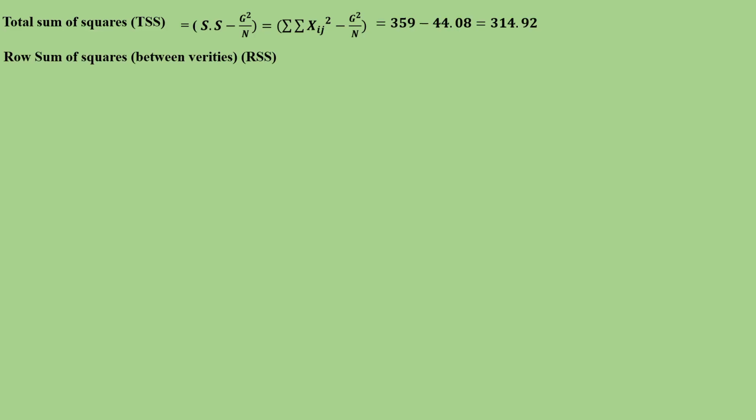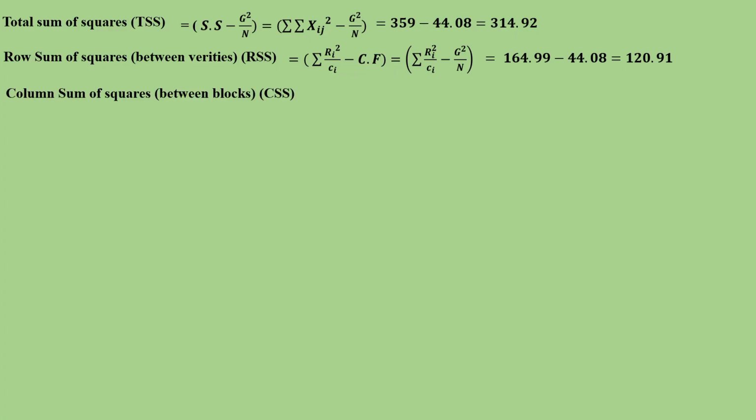So you take the details from the previous table. Row sum of squares, between the operators, RSS: sigma Ri square by Ci minus CF, 164.99 minus 44.08, 120.91.